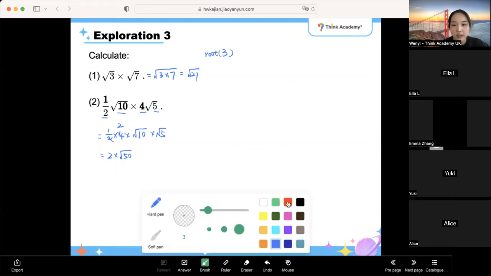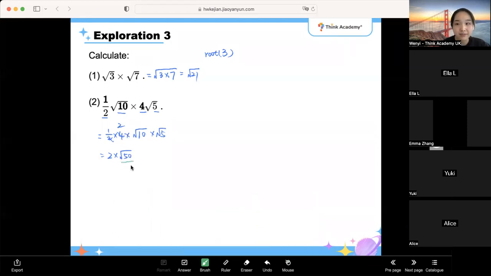But we can see that this root 50 can be further simplified. Why? Because it has a square number as its factor. Can you tell me what is the largest square number of 50? Yes, 25. So this 50 can be written as 2 times 25.